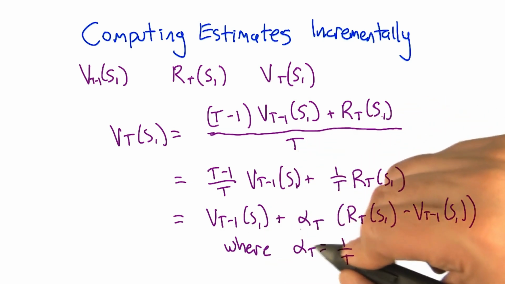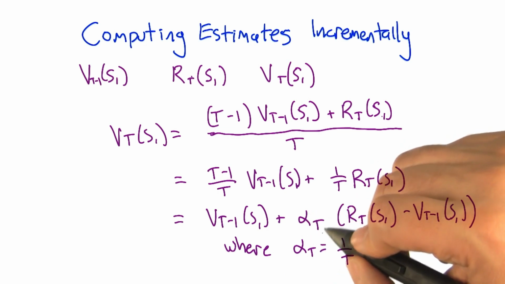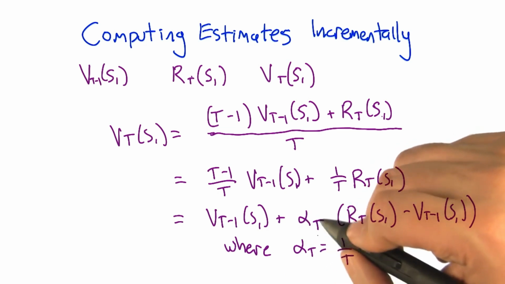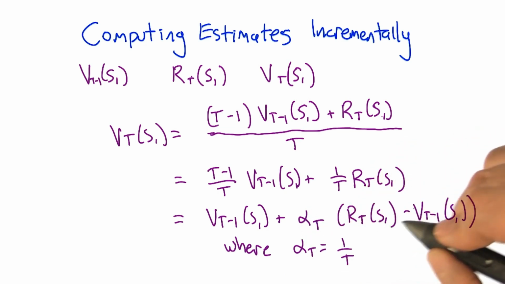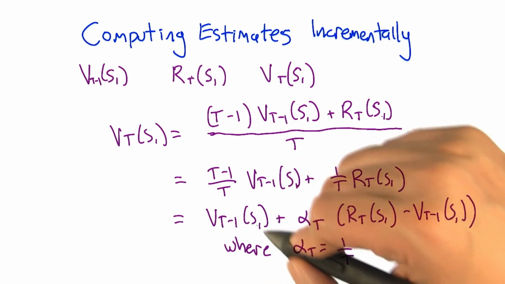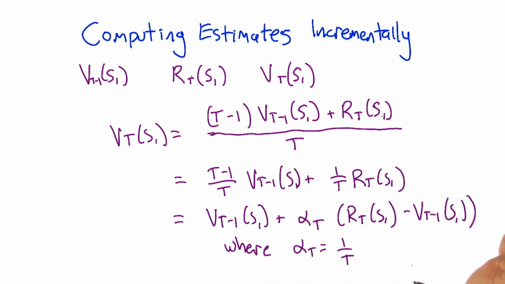And as we get more and more episodes, this learning rate parameter is getting smaller and smaller, so we're making smaller and smaller changes. We're honing in on the actual true value. So this actually looks just like the update rule for perceptrons. Yes. In fact, that was, I believe, what Sutton was trying to do.